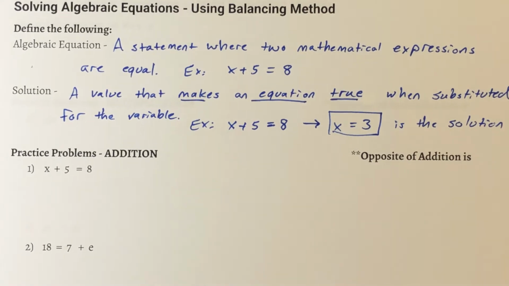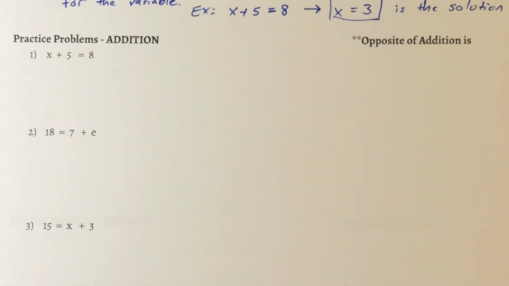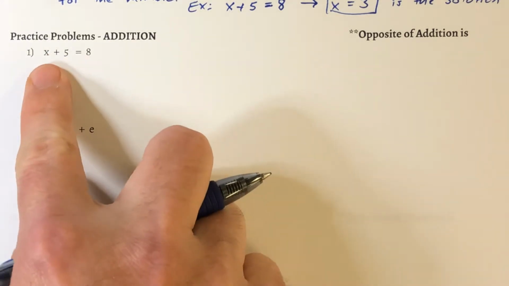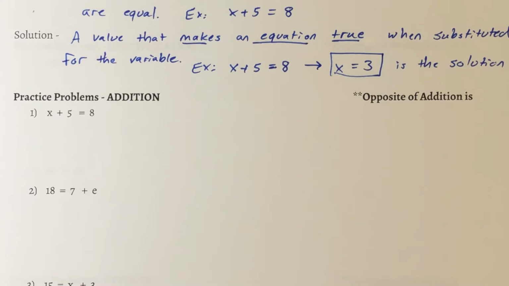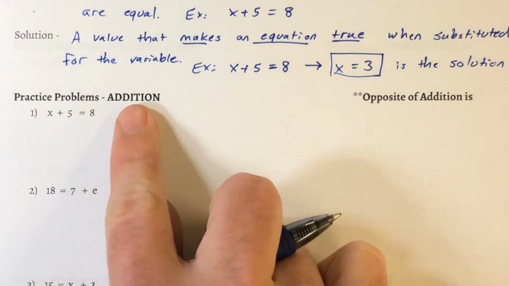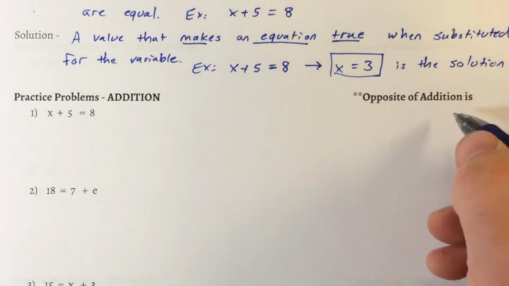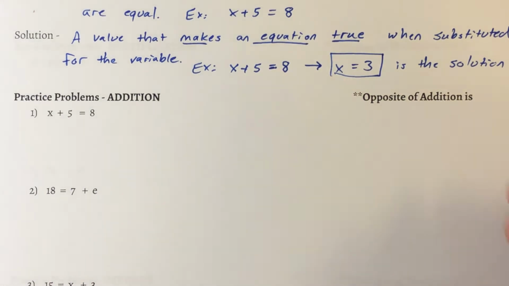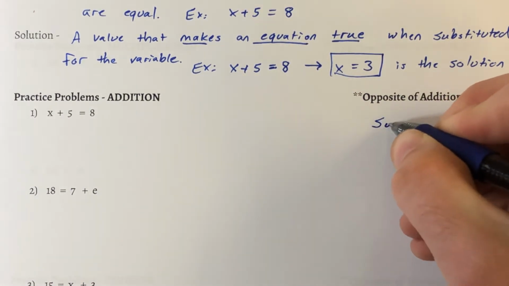All right, so let's start with equations with addition. We're going to go through addition, subtraction, multiplication, and division, and show you the step-by-step rules and process to solving them. So first, for addition equations, we need to know what the opposite is. So the opposite of addition is subtraction.